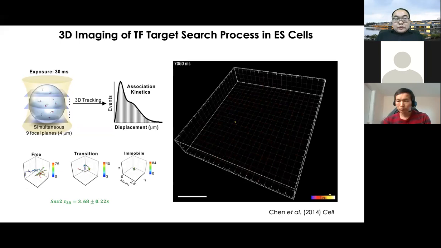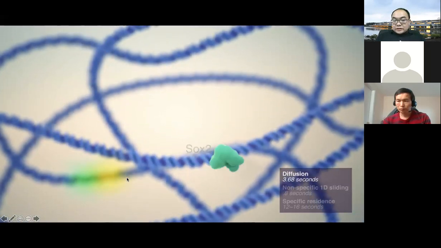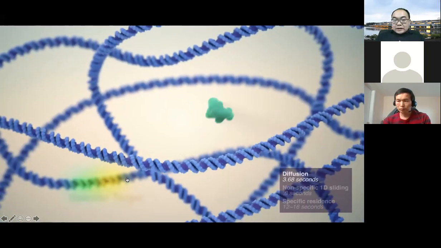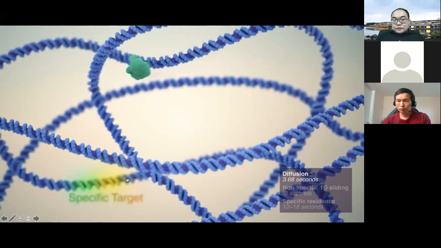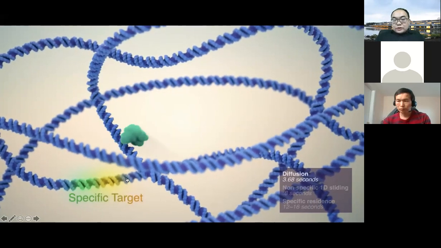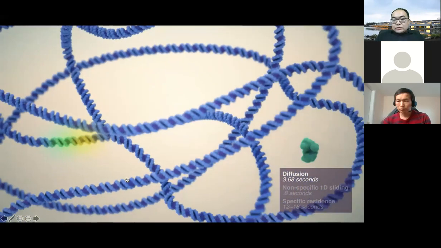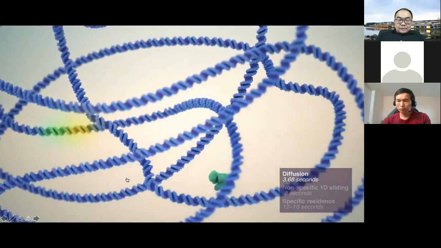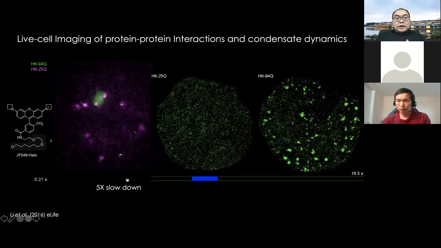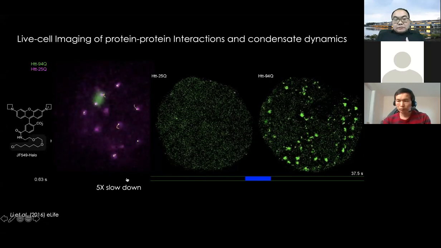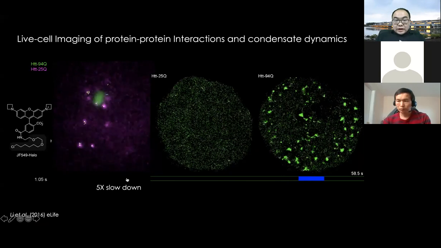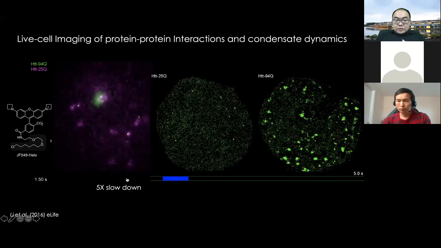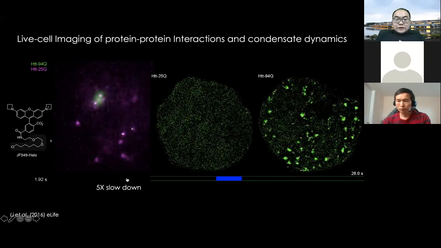Based on these results, we believe that transcription factors search for the target through a trial and error mechanism. They have to diffuse, hopping from one piece of DNA to another until at some point they actually find a specific binding site. Later on, we extended this imaging method to study protein-protein interaction and also protein condensate formation dynamics in single cells.